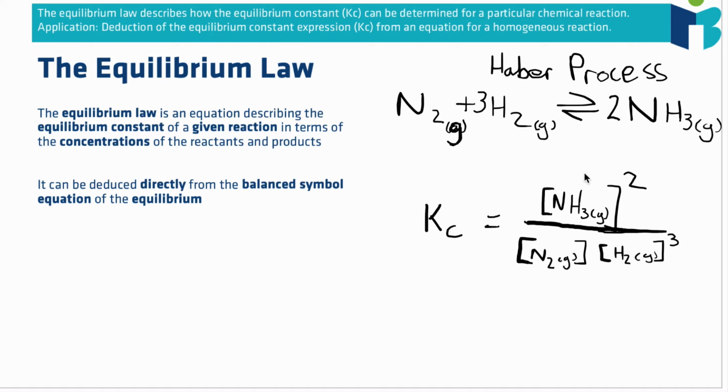The concentrations of our products, in this case just ammonia, raised to their stoichiometric powers over the concentrations of our reactants raised to their stoichiometric powers. And so if we allow this reaction to go to equilibrium for a given input amount of nitrogen and hydrogen, or a given amount of ammonia, we allow it to reach the point where the concentrations become constant, and then we take those concentrations of N2, H2, NH3 and put them into this equation, we will get some constant, and that constant tells us something about this equilibrium.